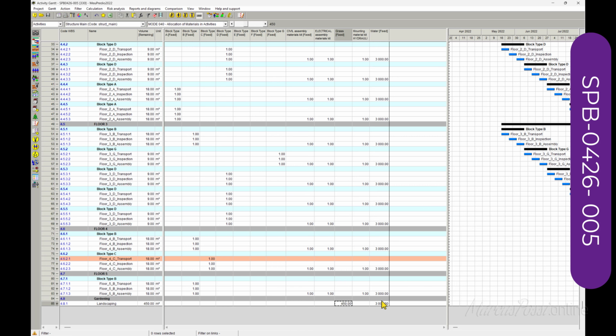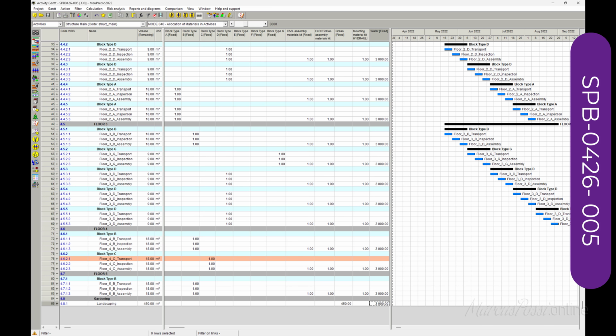Water fixed. Is it necessary to use 3,000 liters of water to wash the landscaping? I know you have to wash each block, and it's free, and it is here. But I don't remember washing the landscape. You have to check it before finishing your unit 3. Let's see if there is something here.